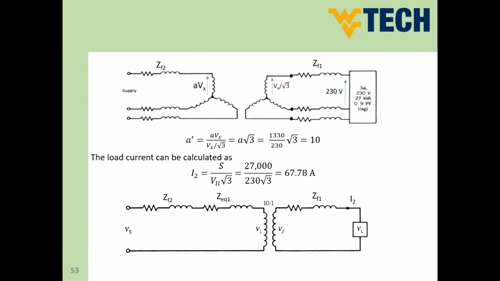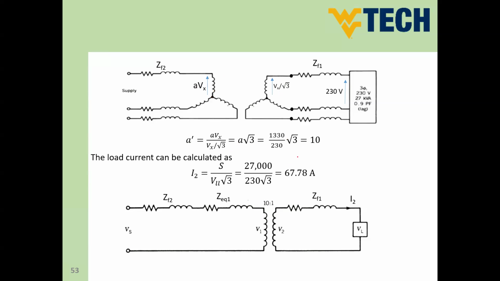And this is the phase volt here, multiplied by the turns ratio. So if you divide this volt by that volt, Vx divided by root 3, it will provide you with the value of A prime, which is our turns ratio. So this is the right representation in case of the equivalent Y connection for the secondary side.